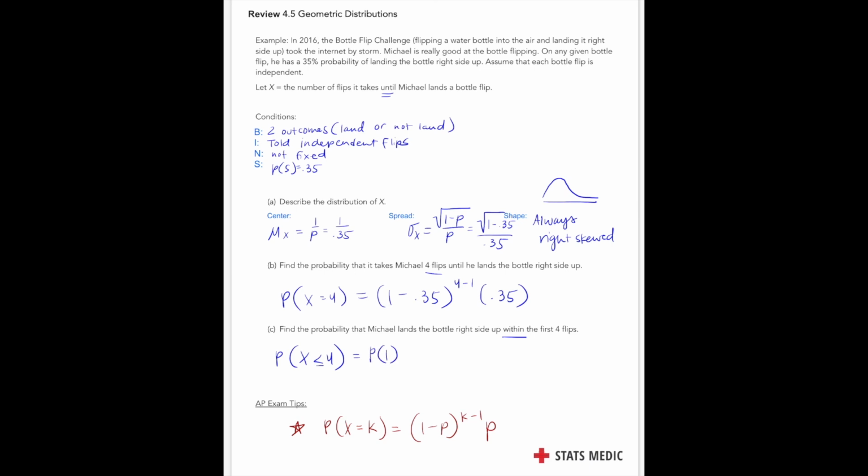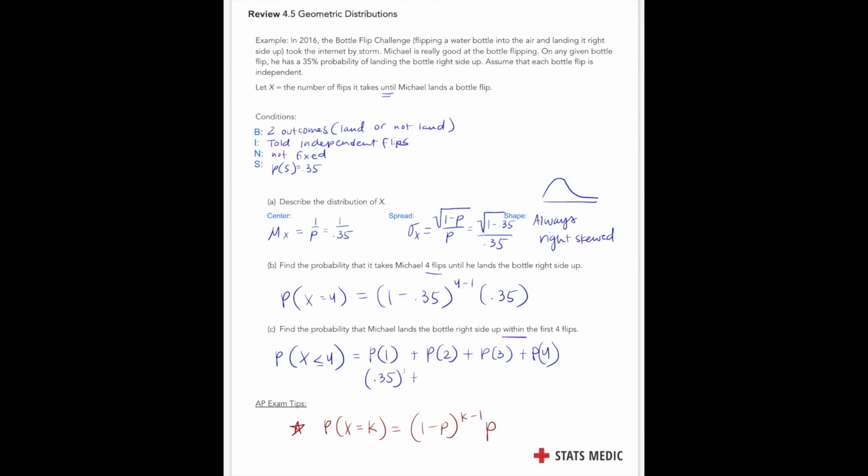I have to find the probability of succeeding on the first try, on the second try, on the third try, as well as on the fourth try. So I have to find the probability of all of these. If I want it to succeed on the first time, what's the chance? That's just technically 0.35, which is 0.35 to the first power.